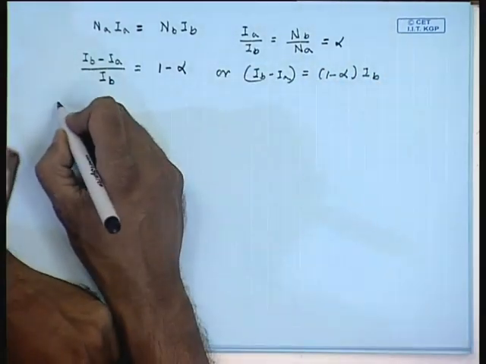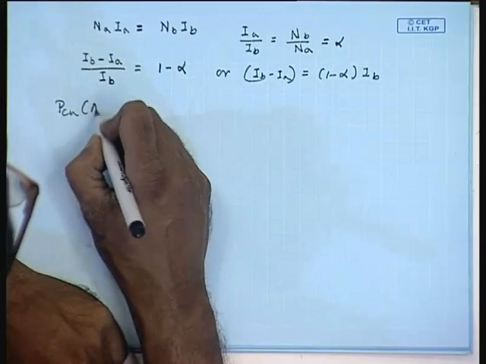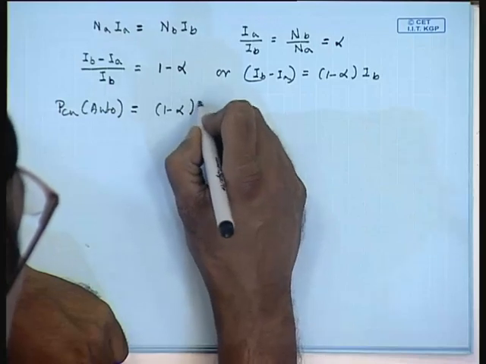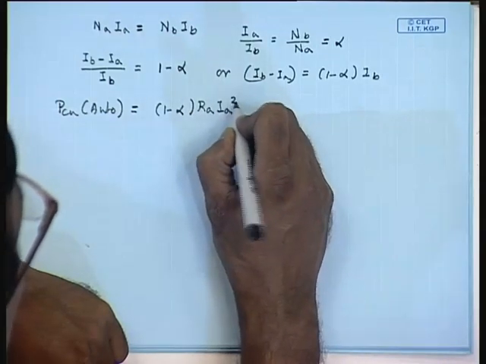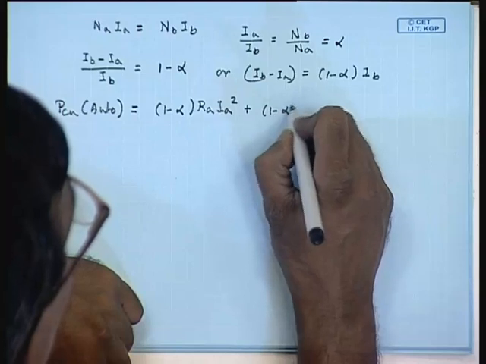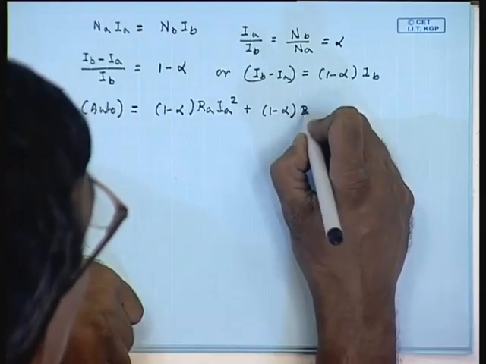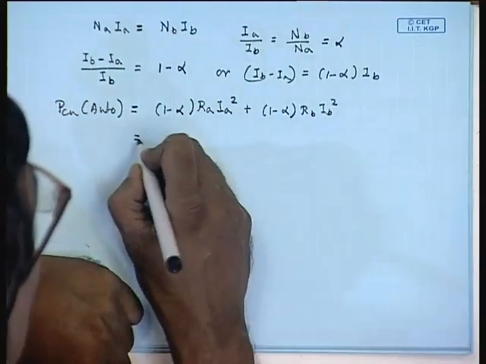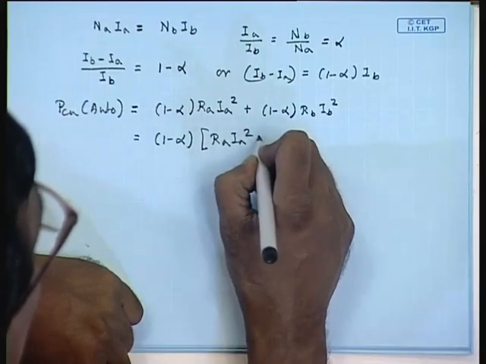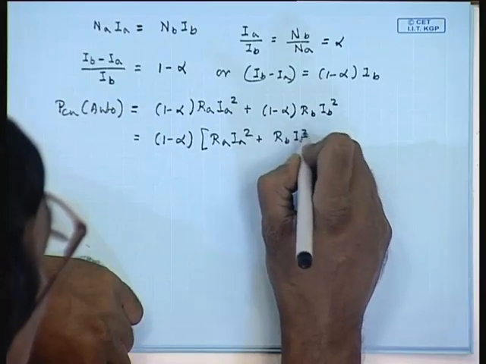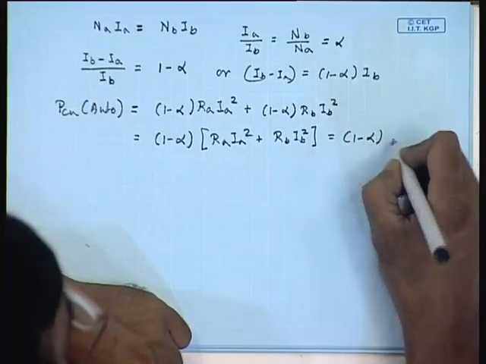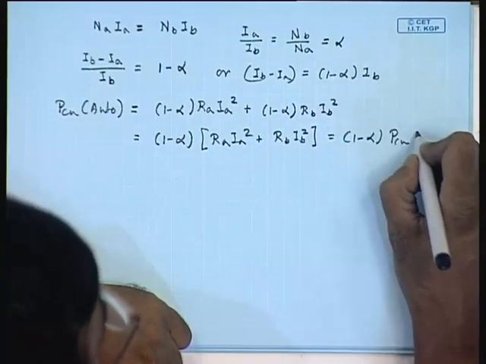Hence, the copper loss in the auto transformer should be equal to 1 minus alpha into RA IA square plus 1 minus alpha RB IB square, equal to 1 minus alpha into RA IA square plus RB IB square, which is the power loss in the two winding transformer, equal to 1 minus alpha into PCU two winding.